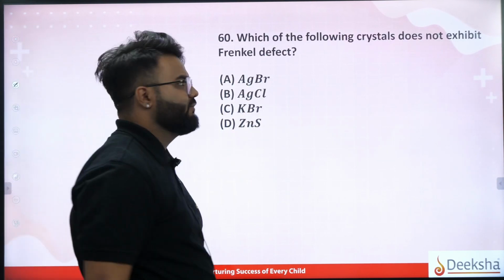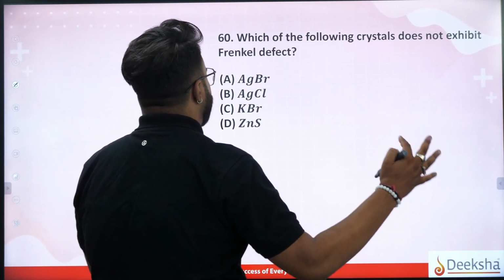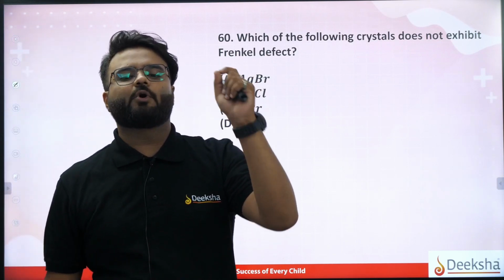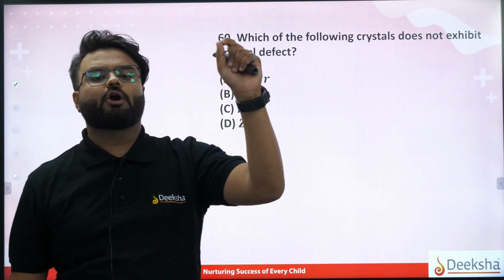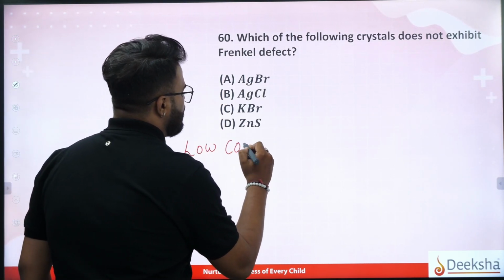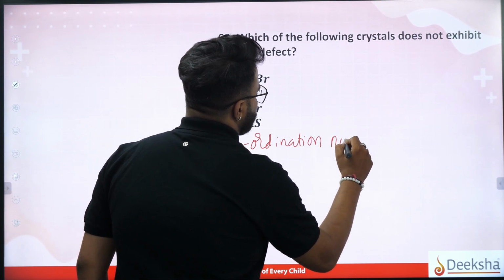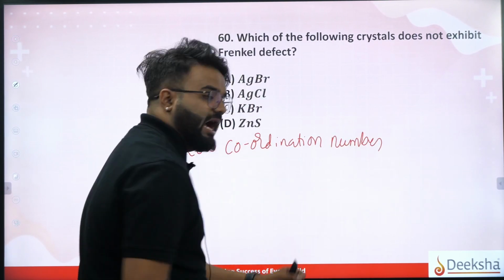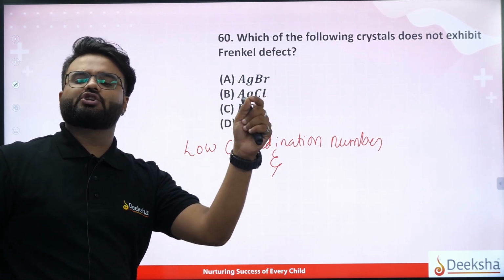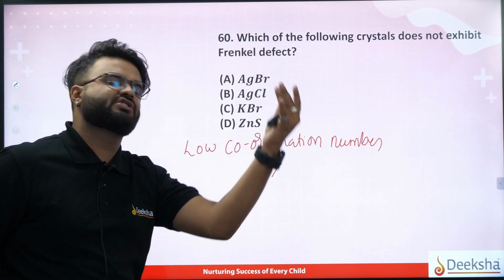Question number 60, which is the last question. Which of the following crystal does not exhibit Frenkel defect? Frenkel defect is only exhibited by the compound which is having low coordination number. It should have low coordination number, and it also should have compounds having large difference in the sizes of cations and anions.